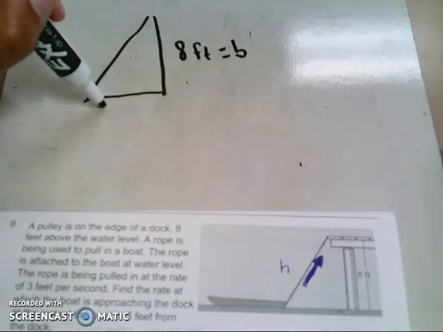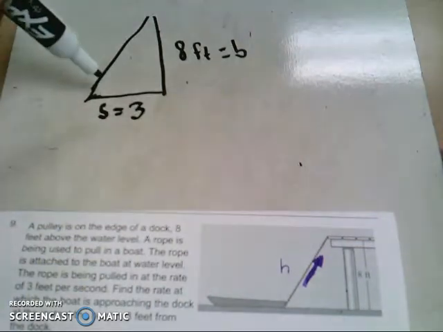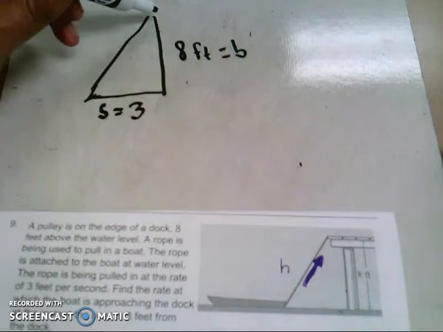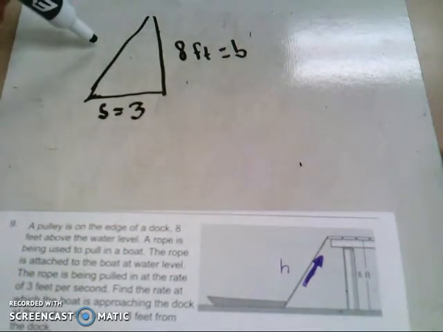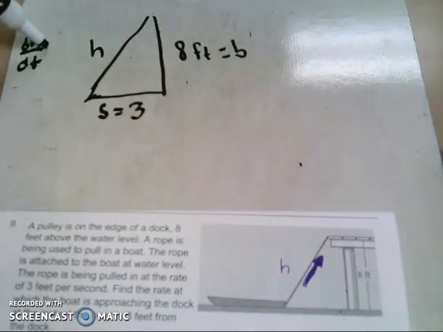So we can say that this is s for distance. s equals 3. And it also says this rope is going inward at a rate of 3 feet per second. So this hypotenuse here is h, and we know that h is changing at a rate of 3 feet per second.